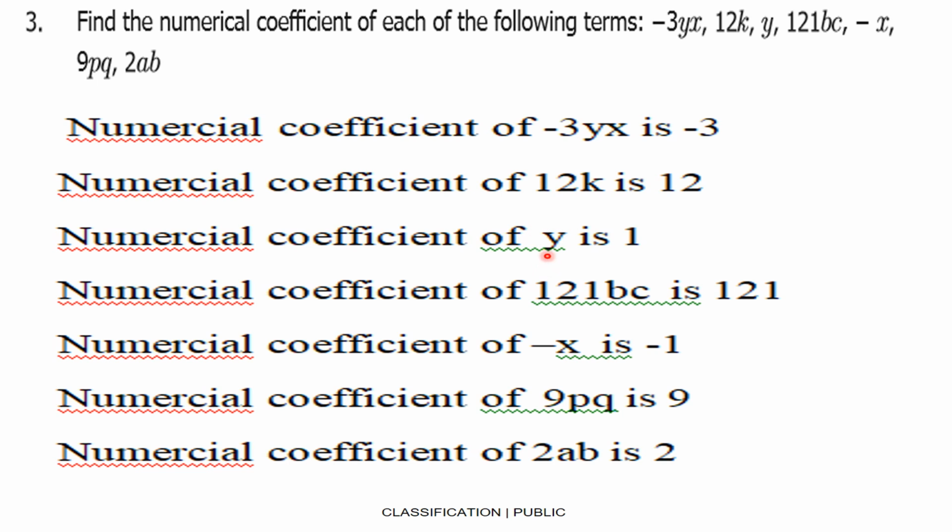Therefore, the numerical coefficient is 1. Next one, the numerical coefficient of 121bc. The answer is 121. Here also, the numerical coefficient of minus x, that means minus 1 into x, is minus 1. The numerical coefficient of 9pq is 9. The numerical coefficient of 2ab is 2.